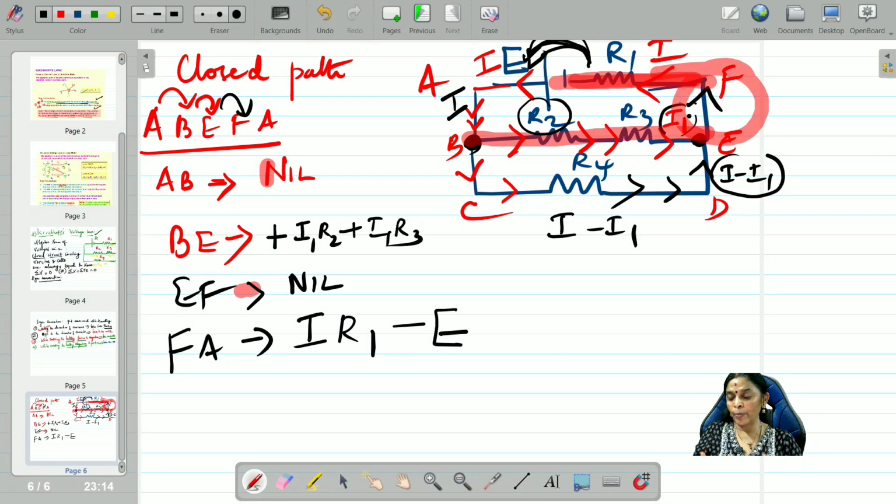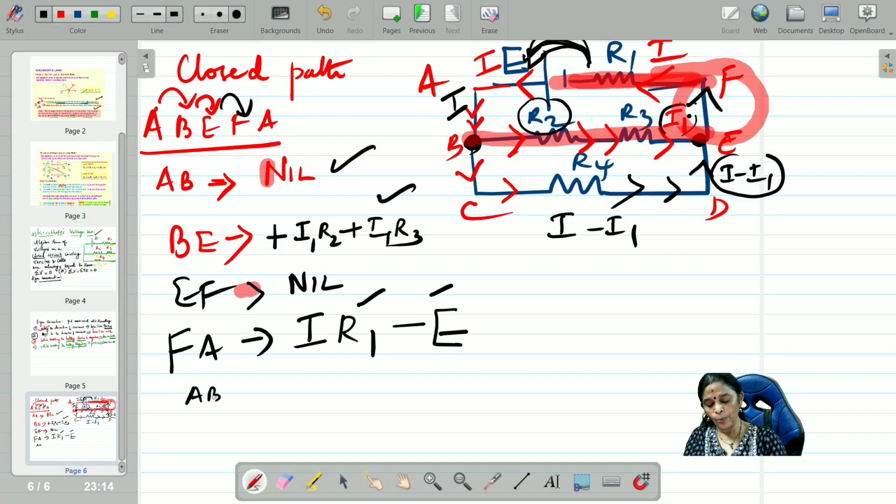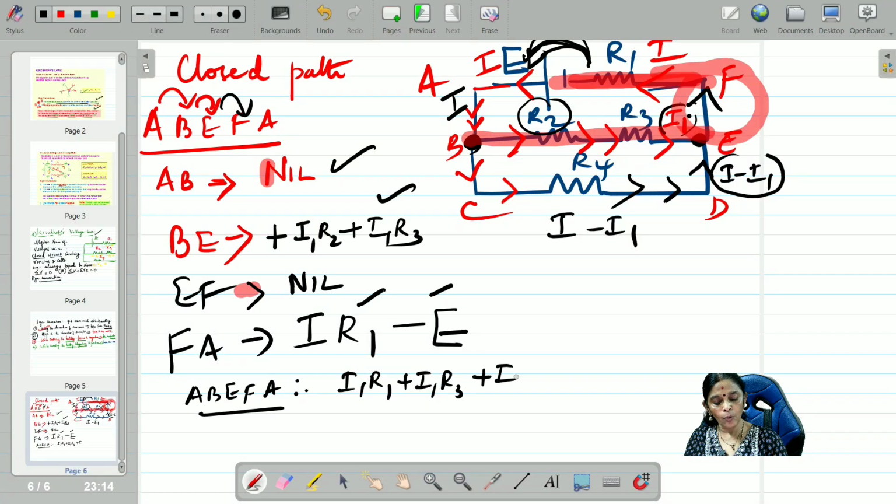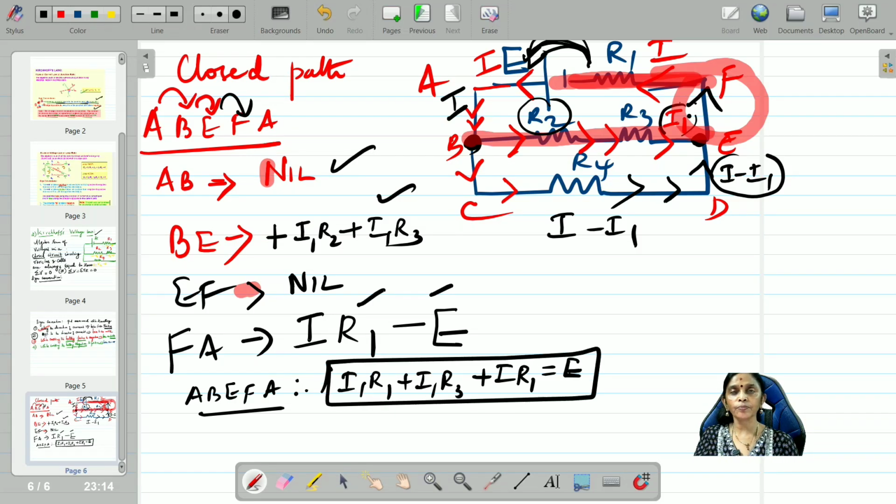Now, because you are beginners, you are simply writing step by step. But hereafter, you write all together as one single equation. So that is the ABEFA loop. For the ABEFA loop, it is going to be I1 R2 plus I1 R3 plus I R1 minus E equal to 0. You can rewrite it like this, that's it.